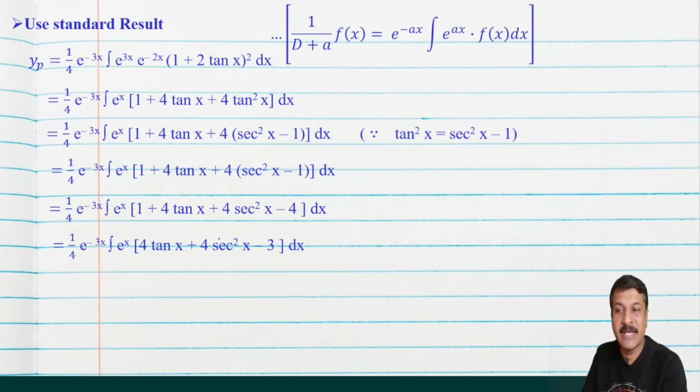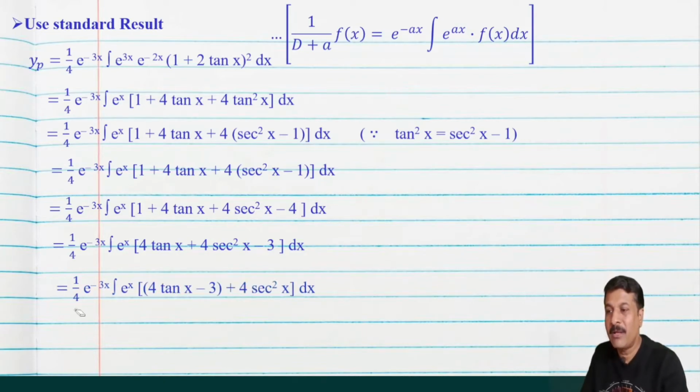Now I want the function and derivative, that is f(x) + f'(x). Note that the derivative of this is present there, and this 3 I will adjust with this one. Note these steps. Here I am getting 1/4 e^(-3x) into integration of e^x as it is, and here I am taking this together.